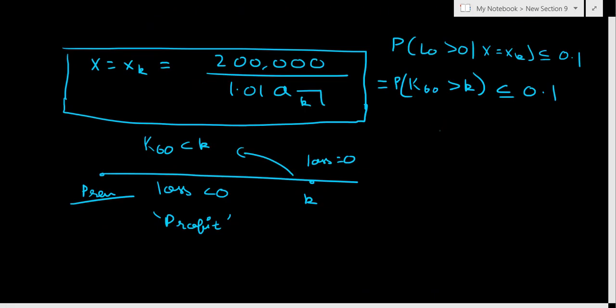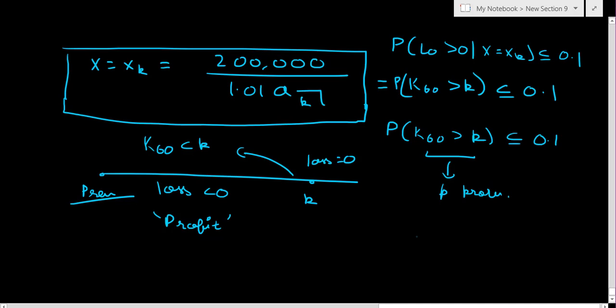Okay, so now there is a catch. There is a little transformation that takes place here. What I have is the probability that K60 is greater than k is less than or equal to 0.1, right? This is the probability that the person survives for more than k years. And I have to write it in terms of the p probabilities. This won't be a q probability, this would be a p probability.